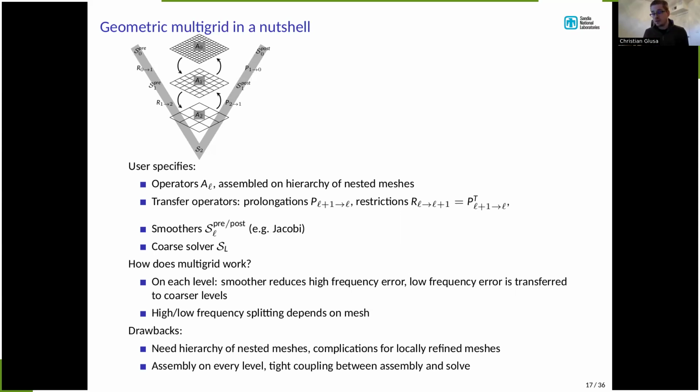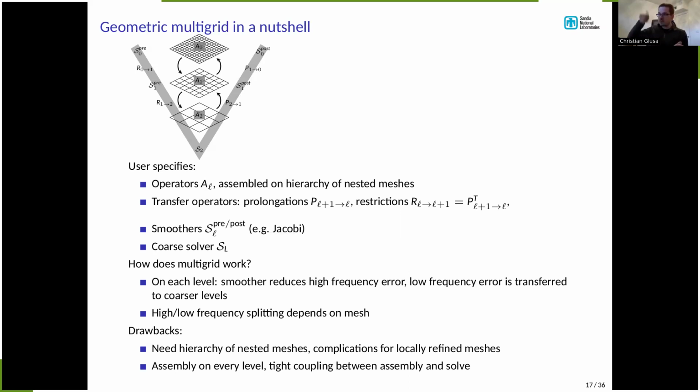And the reason why this works a lot better than simply applying this cheap iteration only on our matrix A0 is that there's a splitting of error frequencies, and every single level is good at reducing high error frequencies with respect to the mesh that's associated to this level.